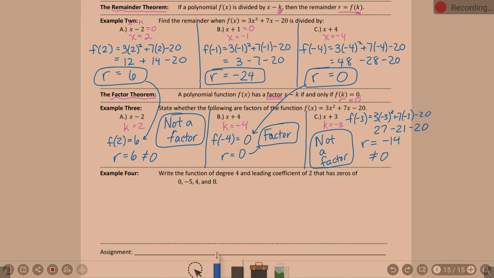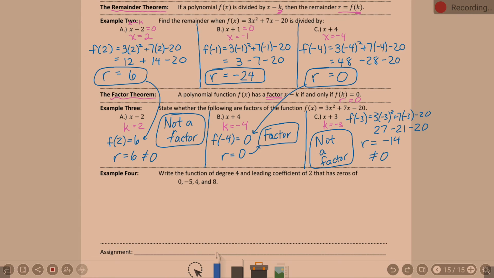Don't just say not a factor, tell me what the remainder is. So that only works when it's x plus something. It only works when you have a linear factor, like x plus or minus a number. And when we talk about synthetic division, that's the only thing that'll work.